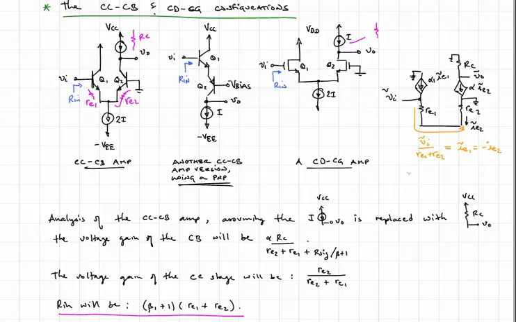And the voltage at the output, VO, will be equal to minus RC alpha times IE2, and minus IE2 we can substitute in, so we'll have alpha RC over RE1 plus RE2 times VI. This leads us to VO over VI of approximately RC over 2 RE.